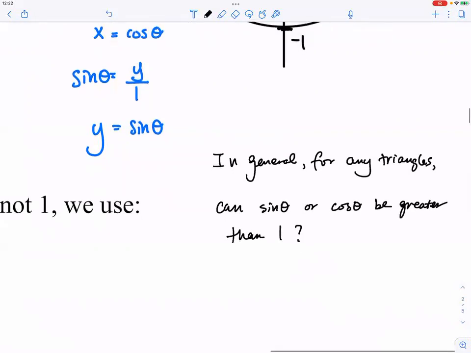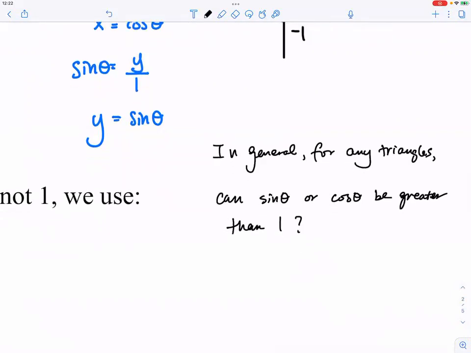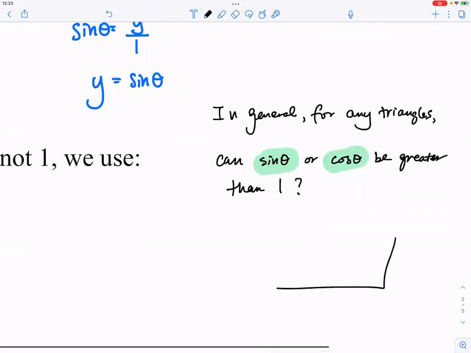All right, now ask your neighbor. I'll give you a minute to think about this. Can sine theta or cosine theta be greater than 1? See if you can come up with a good logical conclusion. Ask around. What do you think? Yes or no? I can give you a hint.